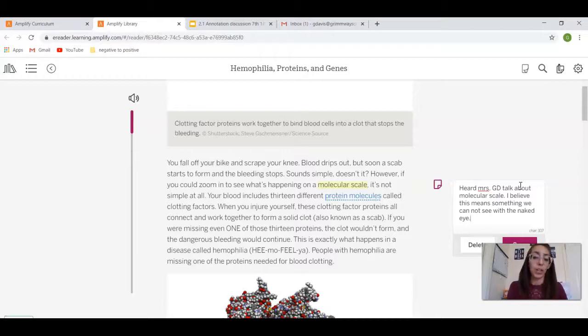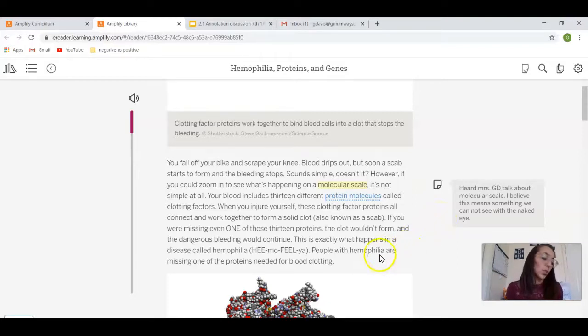Maybe you're just going to put molecular scale means something really small that I can't see, or however you thought of it. Remember, these are your annotations and they're not wrong. I'm not going to get on here and grade your annotations and say this annotation is wrong, why would you put this? If I see that maybe you do have the wrong definition, I'm going to mark it and say, okay, I need to be more clear. This is something that I need to fix as a teacher, okay? So that's something to think about. And now we're just going to move on.